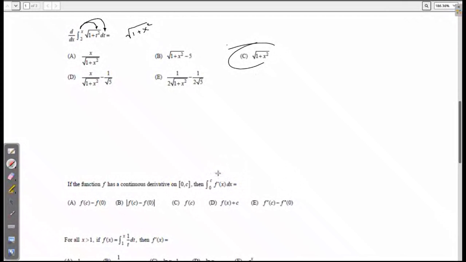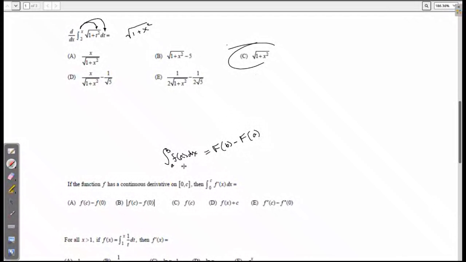The idea is that if I'm doing the integral of f of x dx from some value to some other value, it's going to be equal to the antiderivative function evaluated at the top limit minus the antiderivative function evaluated at the bottom limit.